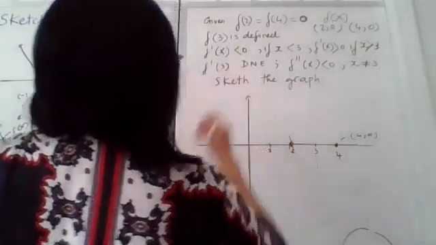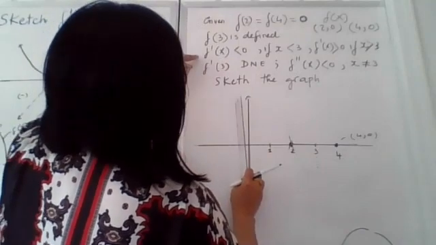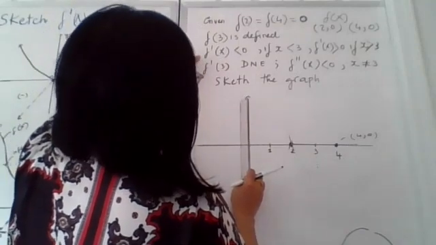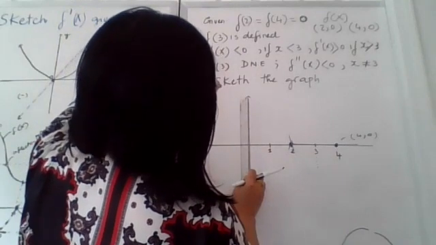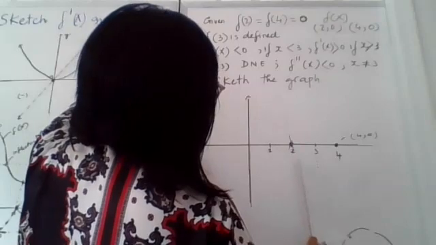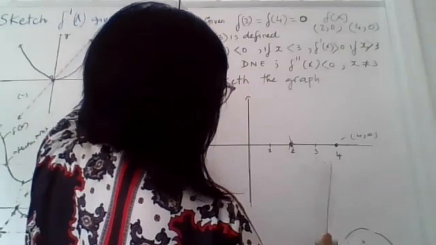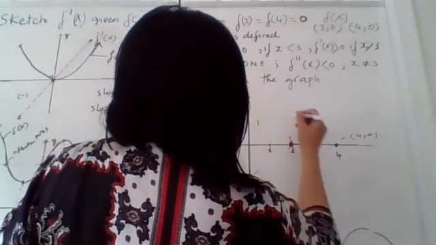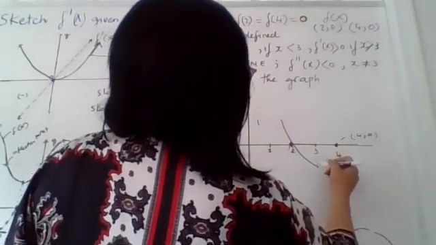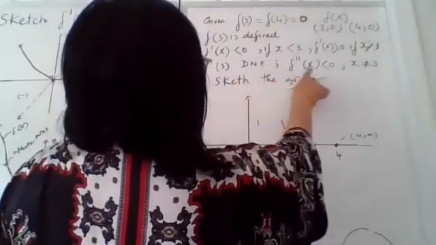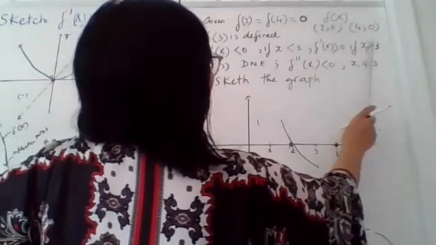Concave down because from here to here to here, f prime of x is negative, so the function is decreasing. And from here to here, it goes this way, and it goes to 2, the function decreasing, and then from 3 to, the function increasing.